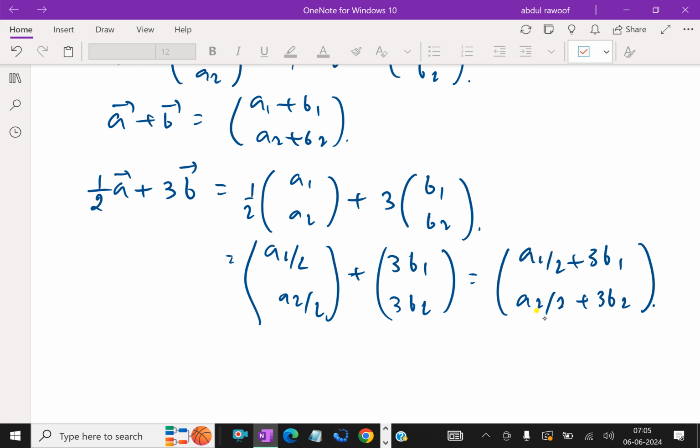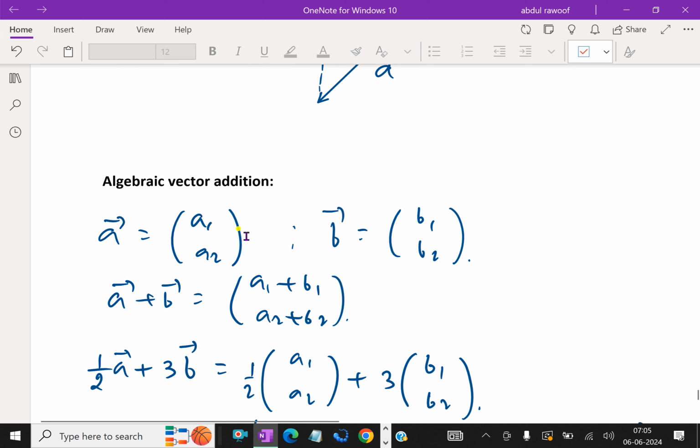This is the addition of two vectors after multiplying the first vector by one scalar and the second by another scalar. This is a method for finding algebraic vector addition. And subtraction is also the same way, only the sign changes.